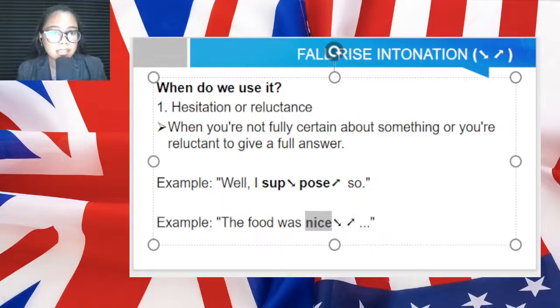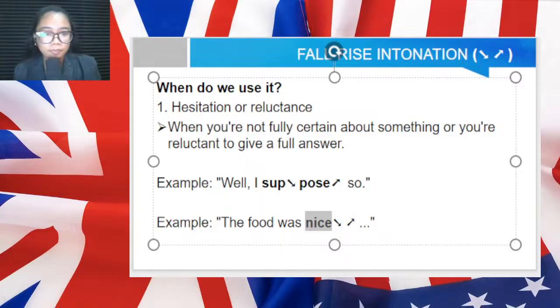It immediately signals that while the food was indeed nice to some degree, it was only nice, or it was nice but it lacked something, or it was nice but not remarkable. So this specific application of fall-rise intonation vividly communicates the speaker's reluctance to give a fully enthusiastic, unqualified endorsement or something of that sort.